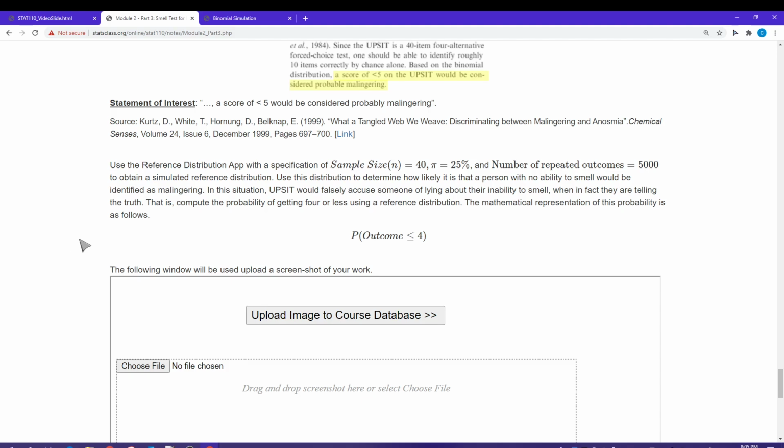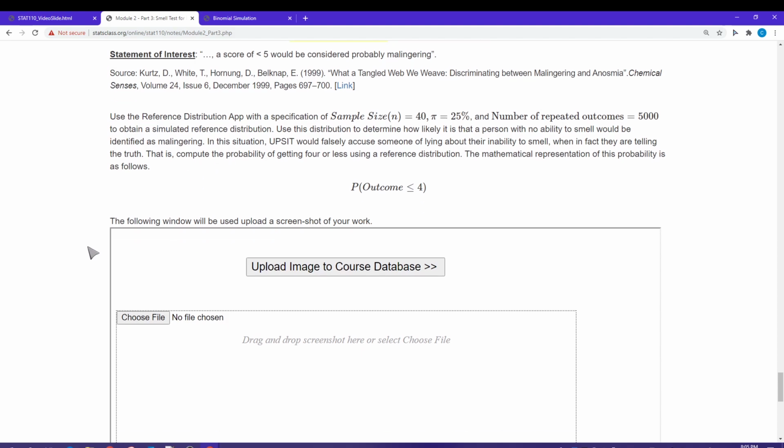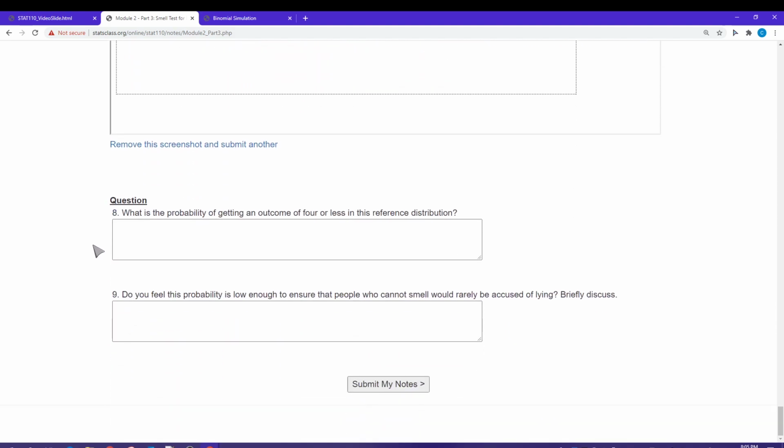So it was quite low. So if somebody scores less than 5, then they are probably lying about their ability to smell. So I'll let you answer questions 8 and 9 using the probability value that you get using your reference distribution.